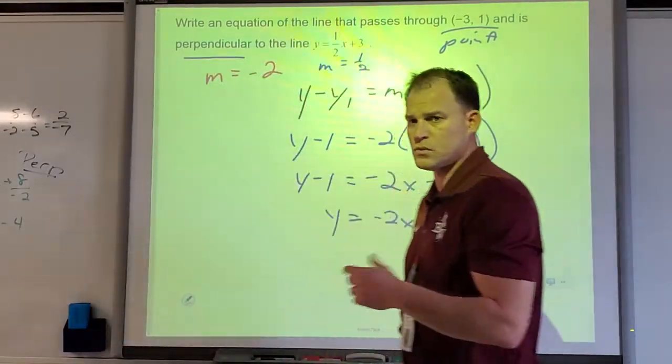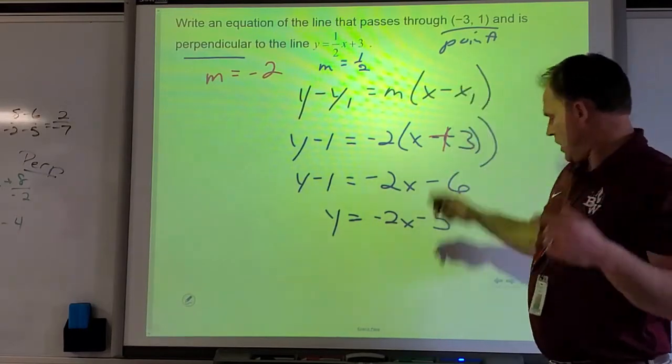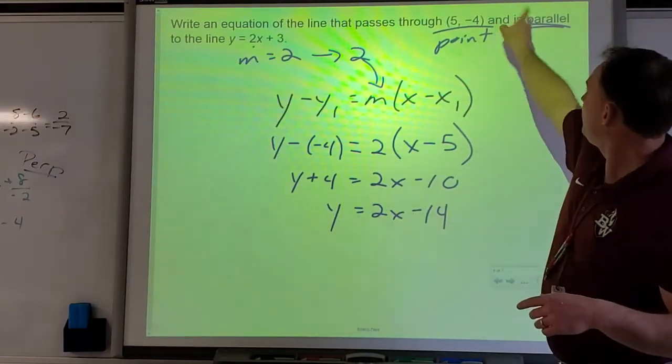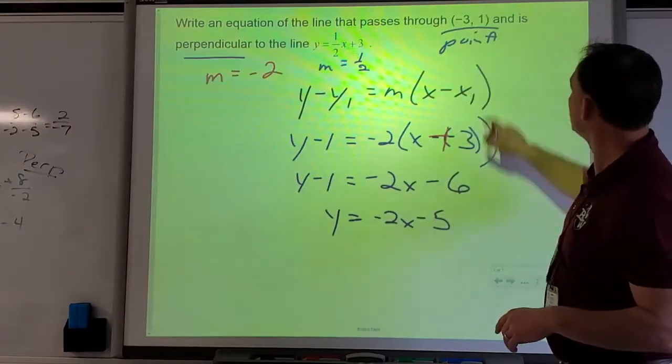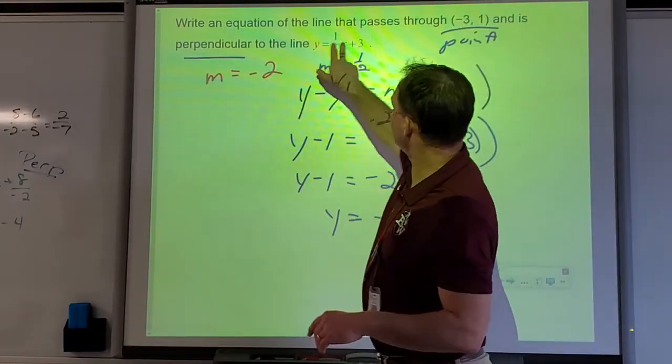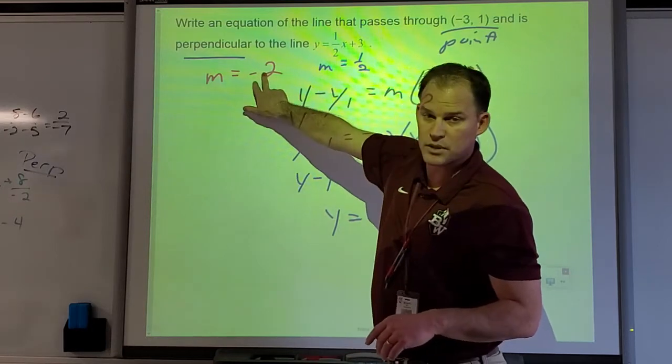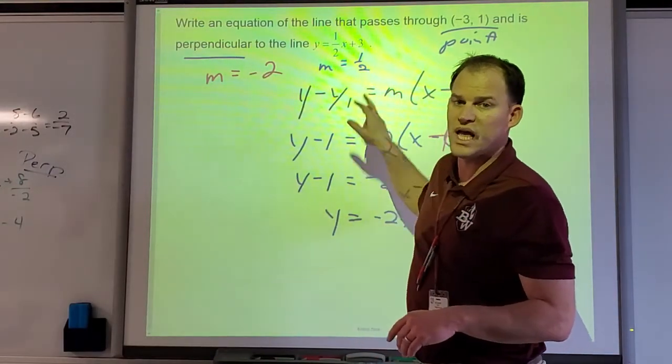All right, so if it gives you parallel, you use the slope that's in the problem. If it tells you perpendicular, you take this slope, do the opposite reciprocal, and then use that one.